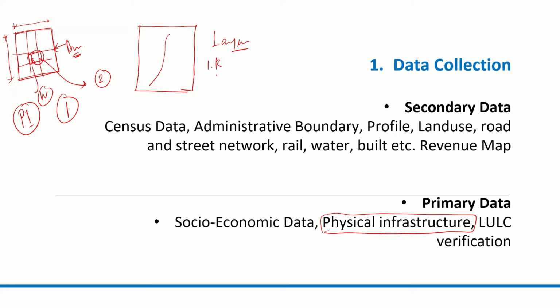Okay, that's one of the layers. Second layer can be, let's say, we are interested in understanding how the open spaces are created within the study area, or the open and built relationship. Or let's say the town is known for leather industry.